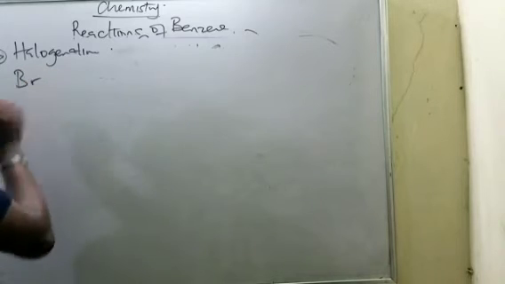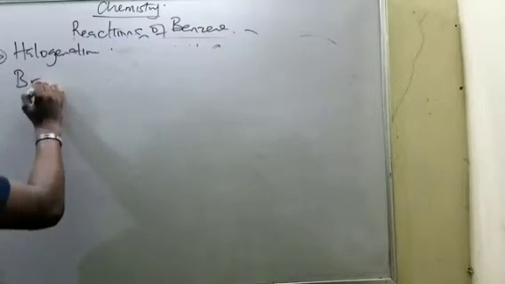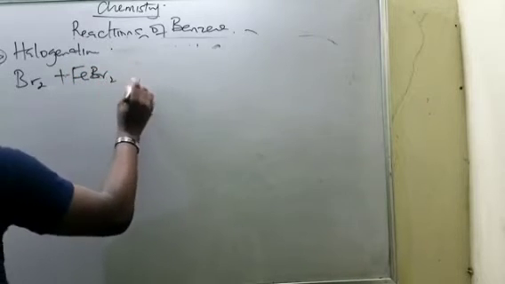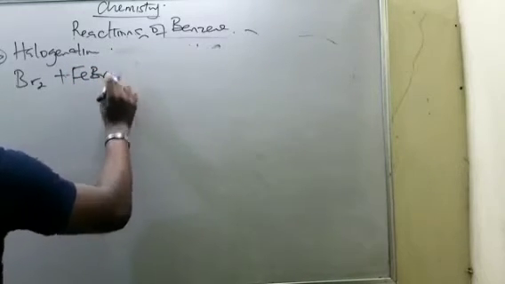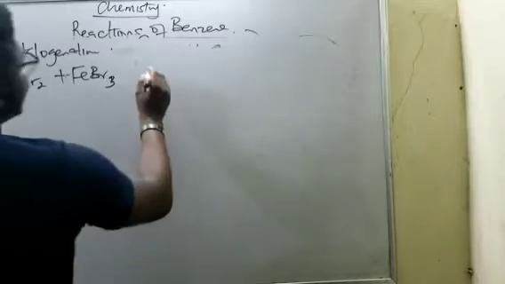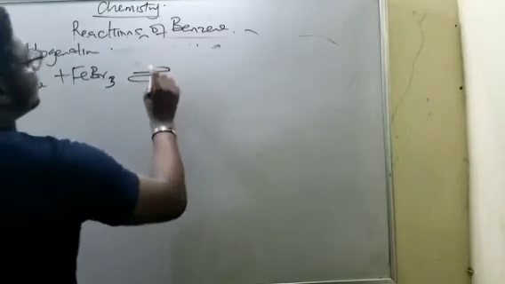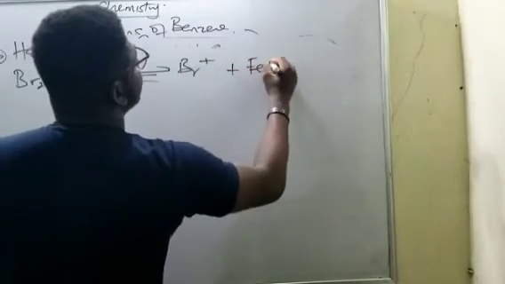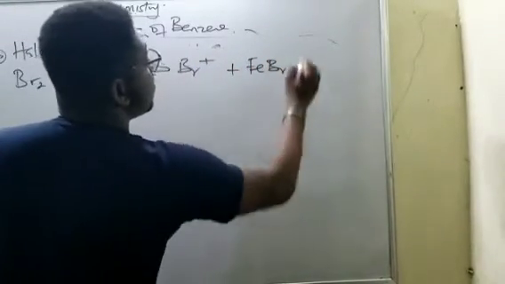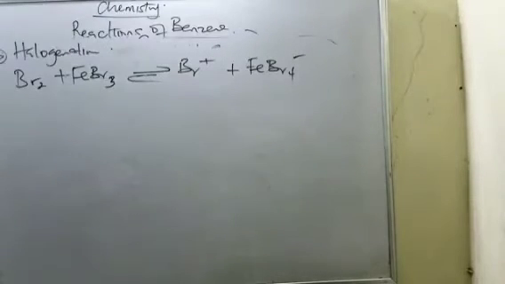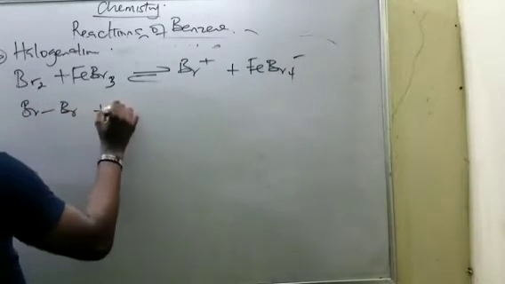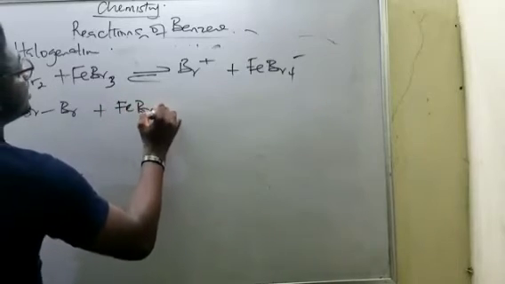So let's say we are using bromine and we are trying to derive the electrophile. We have bromine plus FeBr3, which is acting like a Lewis acid. This gives us Br+ plus FeBr4-. How do we get this? Let me briefly explain. We have bromine plus FeBr3.